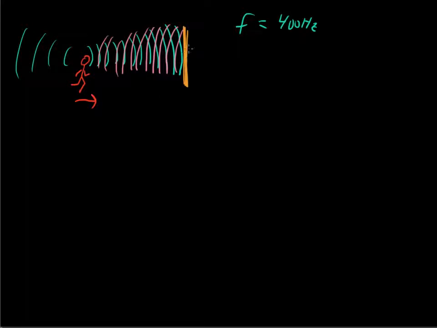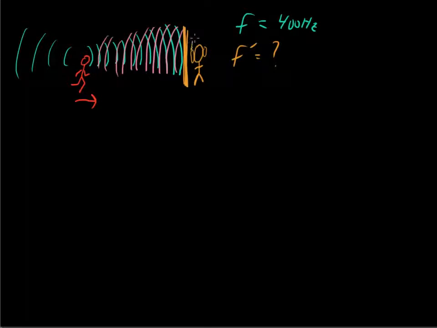In the first problem, we're looking to see at what frequency the wall detects the sounds. So you can imagine maybe there's somebody standing on the side of the wall with their ear pressed up against the wall.